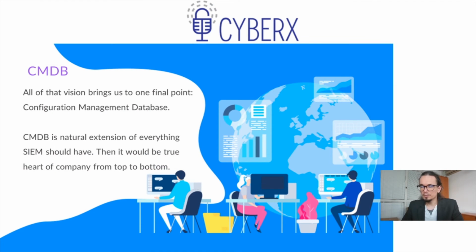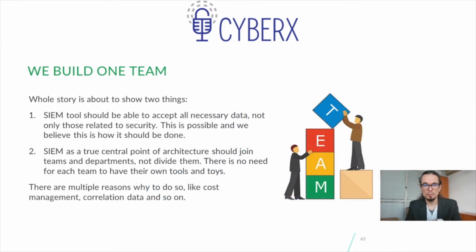And the evolution of that is, we can say, the natural evolution, the configuration management database. So we will be able to manage the configuration of the whole environment, and then the CM will be the true heart of the company. And the best part is that this is really possible to achieve.